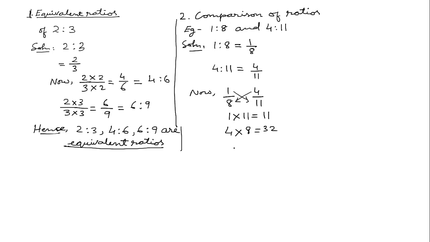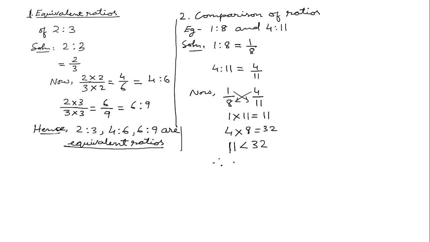Thus we show that here between 11 and 32 we found that 11 is smaller than 32. The second product is greater, therefore we can say that 4 by 11 is greater. So 4 by 11 means 4 is to 11.